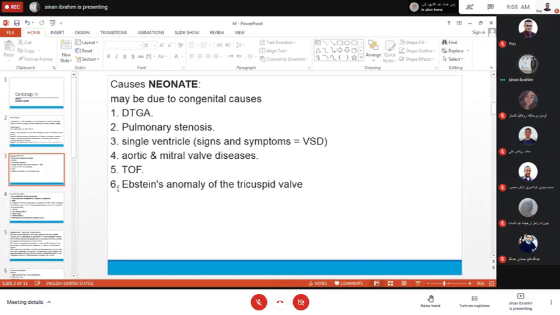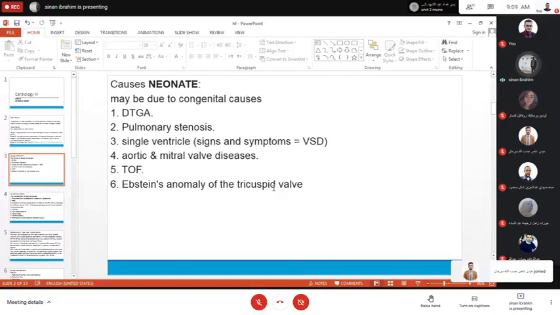The last type will be the Ebstein anomaly of the tricuspid valve, and this is also a rare anomaly, one of the congenital heart diseases, and the patient here will develop a malformed, deformed tricuspid valve, plus apical displacement of the tricuspid valve, which will be nearer the apex, and so there will be atrialization of the right ventricle.